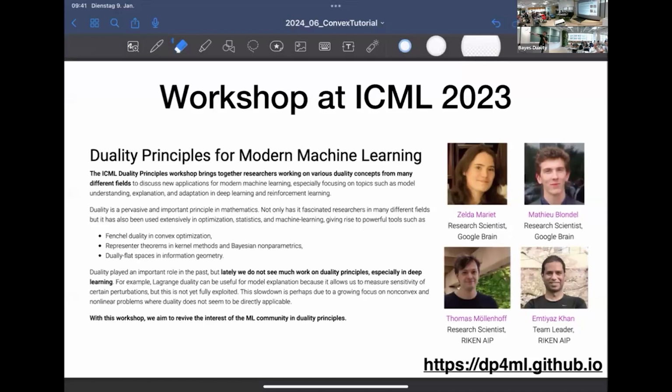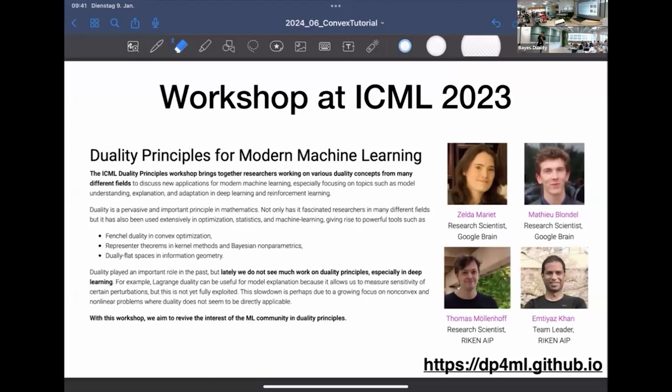It's Fenchel duality in convex optimization, which is what I will talk about today, but there's also the representer theorem in kernel methods, and also for Bayes. There's dually flat spaces in information geometry. So we had some information geometry people at this workshop. So we hope to revive the interest of the community in these duality principles.